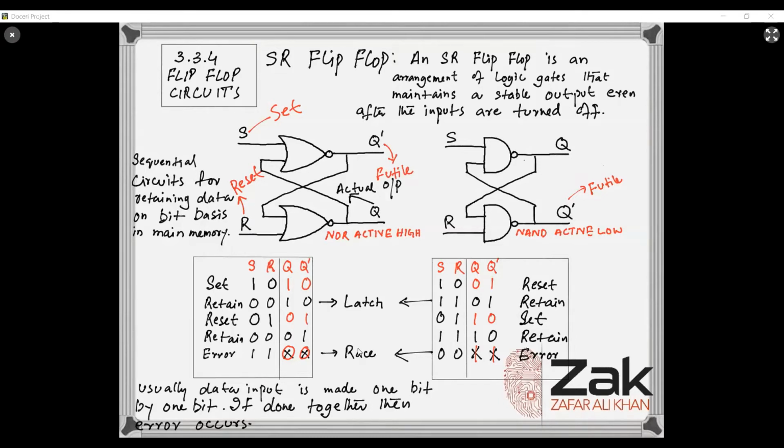All right. In race, both Q and Q naught become 0. So if in a NOR-based SR flip-flop both Q and Q naught are 0, this is said to be an error, and the error is regarded as race. Race means that the circuit is in a position which cannot be handled.